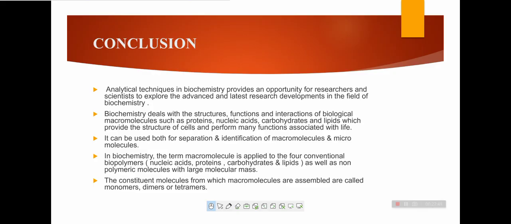There are different techniques we studied, such as chromatography, electrophoresis, spectrophotometry, ELISA and some other techniques also. Titrimetry also comes under analytical technique methods. It is the technique which is used to determine the concentration of the analyte.